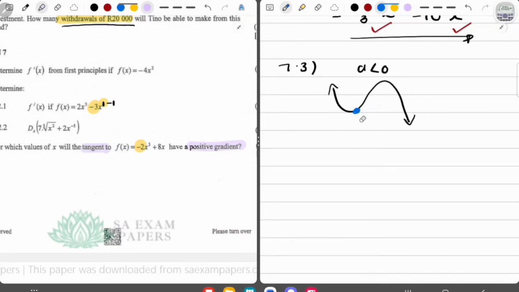Okay, so let's speak about positive gradients. When a gradient is positive, let's actually explain that with a line. I'm trying not to take too much time in explanations. So when we're thinking about a line that has a positive gradient, that line is going to be an increasing function, meaning it's going to be moving up like that.